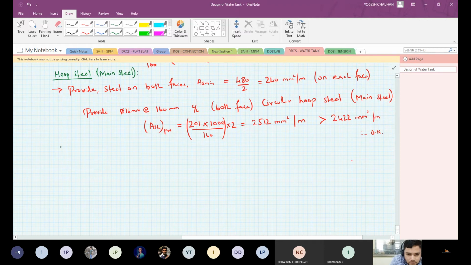Next is the vertical steel, which is your distribution steel.